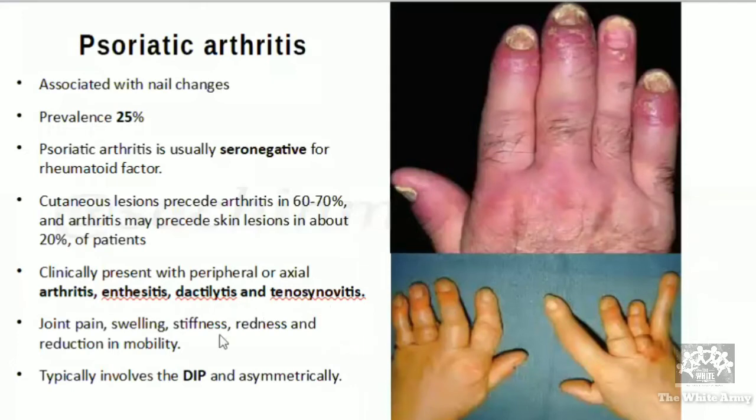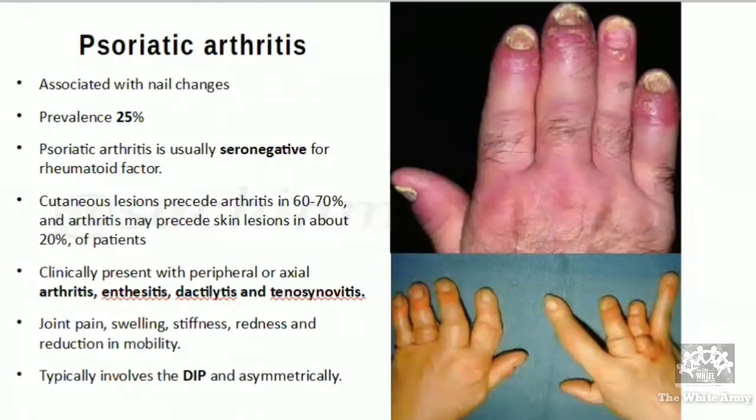Clinically, they can come with joint pain, swelling, stiffness, redness, and reduction in mobility. Typically, psoriatic arthritis involves the small joints; the DIP, distal interphalangeal joint, is characteristically involved. I'm not saying it's the most commonly involved, but characteristically, DIP joint involvement goes in favor of psoriatic arthritis. This is about psoriatic arthritis.